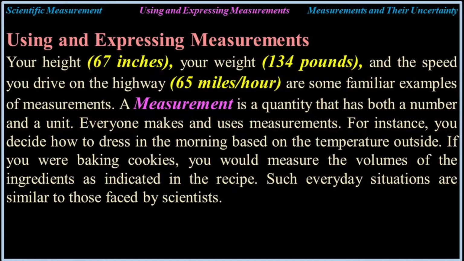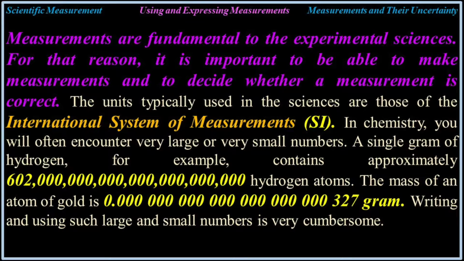Such everyday situations are similar to those faced by scientists. Now, you may use different ideas like 90 or 80 centimeters or 70 kilos, etc. So it depends on where you're from, what is familiar to you.